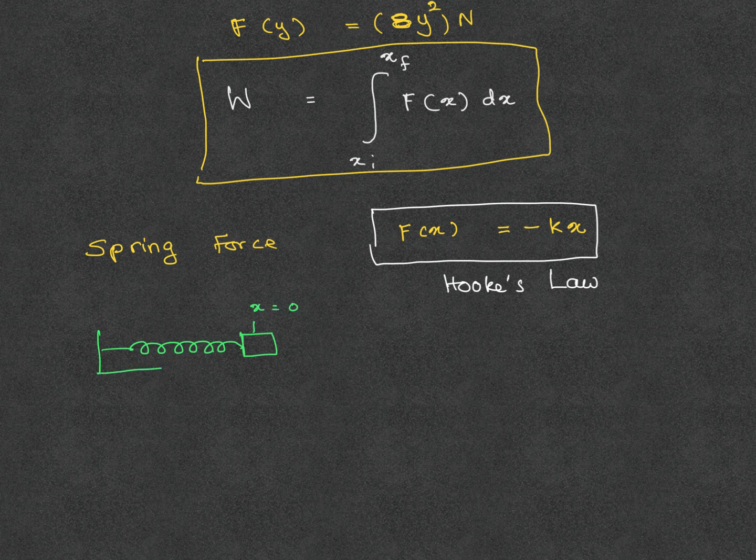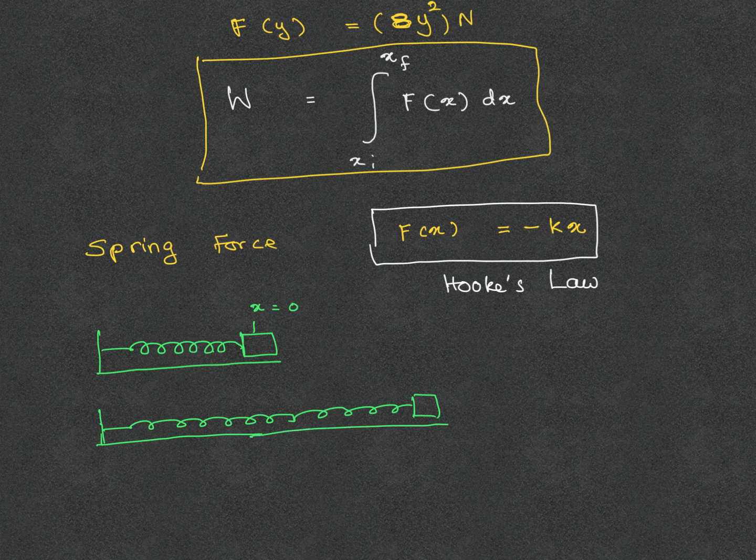At the position where the block is, I take the position as x equals 0, and then I expand the spring. When you are expanding the spring, and it is still on a surface, for example, the distance that it expanded is toward the rightward direction, and the displacement in this case you can take as d.